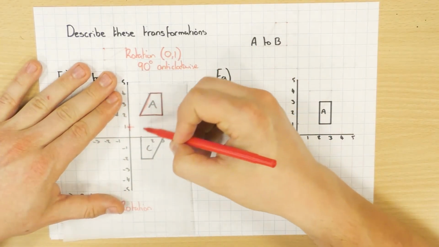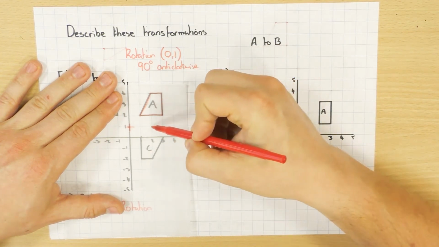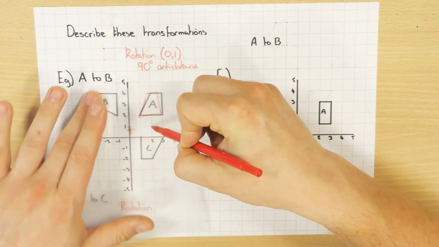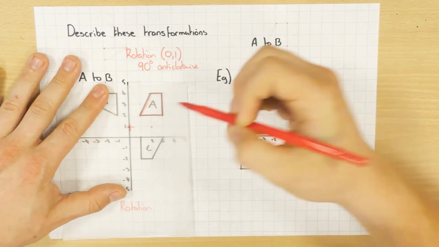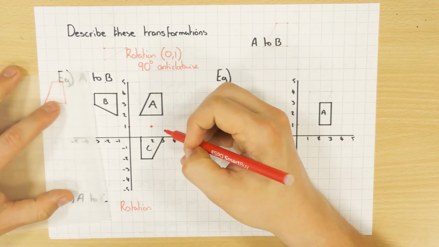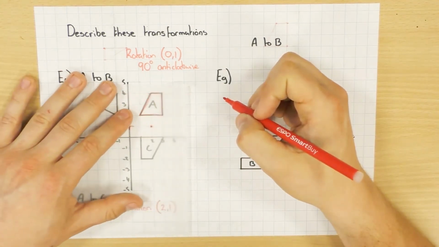So I'm thinking it's going to be somewhere around here. I don't exactly know. So I'm going to go in the middle here at 2, 1 and see what happens. Oh, there you go. Look, bang on. Look, bang in the middle there. There's my rotation. I've sussed it. So that point there was 2, 1. So let's put that down in our answer. Coordinate 2, 1. And we need to work out how far we've gone now.